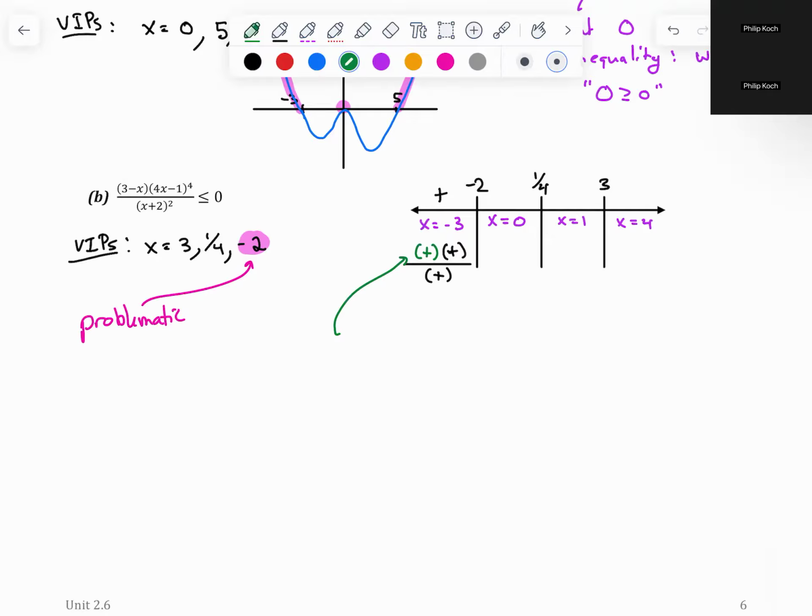If you did get positive, then you're better than me, because I always got this tripped up because I was thinking about it as x minus 3 instead of 3 minus x. We're plugging in a negative number for x. Remember, it's 3 minus x.